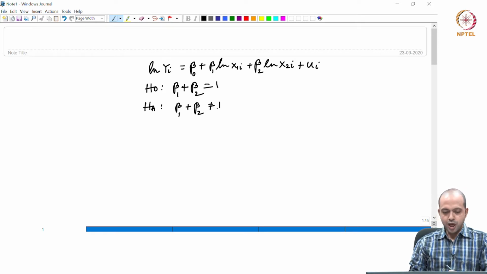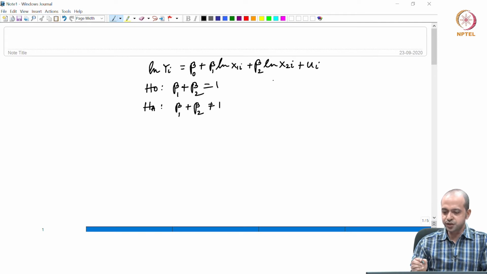Okay. And what is the approach that we are discussing? We are discussing the restricted least square approach. That means we will impose this restriction in this production function, derive the restricted form of this production function, and then estimate the restricted version using the same OLS method.